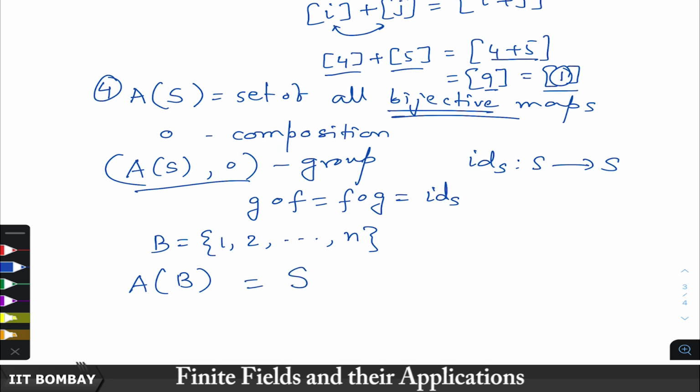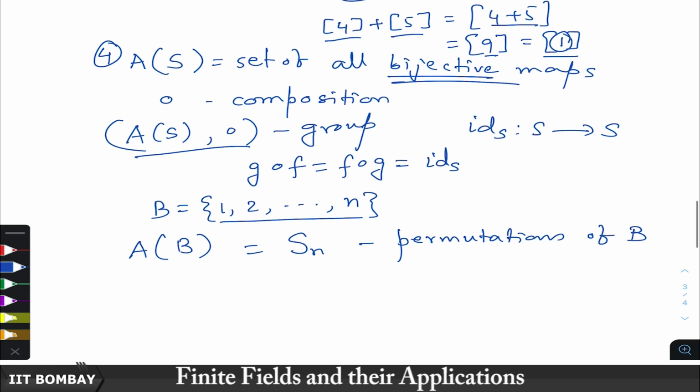So, this is a group and this is denoted by Sn, basically this is a set of all permutations of these numbers, okay, permutations. A bijective map from B to B is nothing but a permutation of the elements of B. So, permutations of n elements, and this is called symmetric group on n elements or n objects.